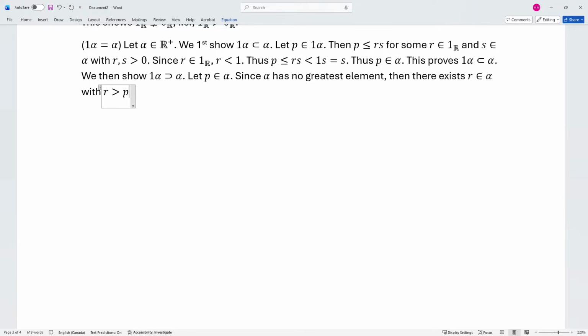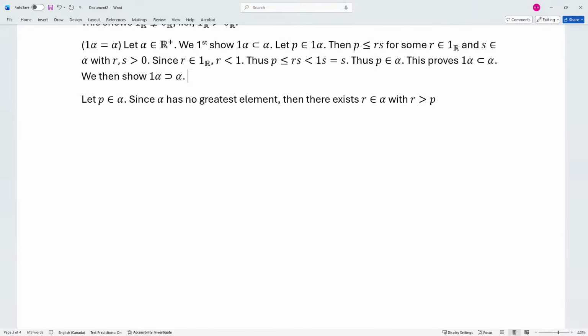So now you need to take the reciprocal of R, right? And actually, you know what? We can, without loss of generality, assume P is positive, right? Because if P is negative, or less than or equal to 0, it's automatically in 1 times alpha.